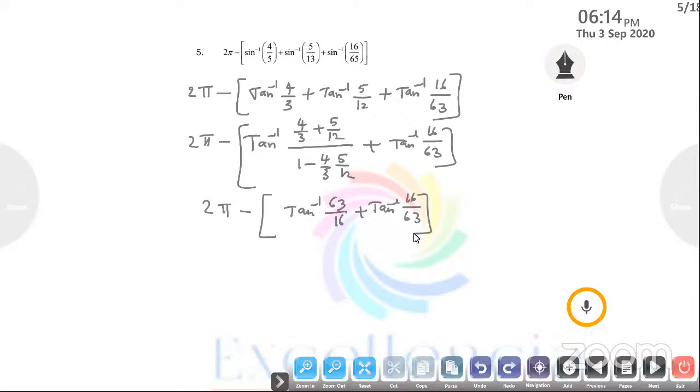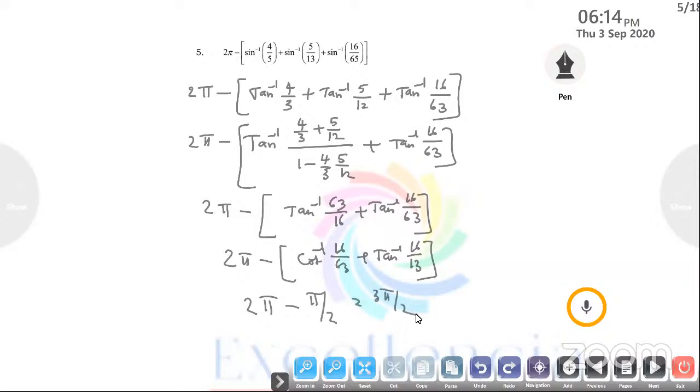Tan inverse of 63 by 16 can be written as cot inverse of 16 by 63. So I can write this as cot inverse of 16 by 63 plus tan inverse of 16 by 63. We know that tan inverse x plus cot inverse x is equal to pi by 2, so it is 2 pi minus pi by 2. So that is the answer for this question, that is 3 pi by 2.